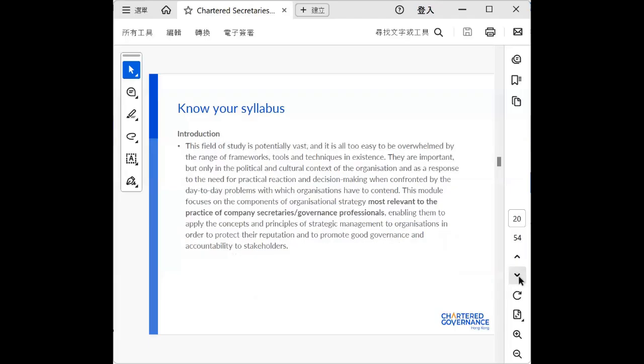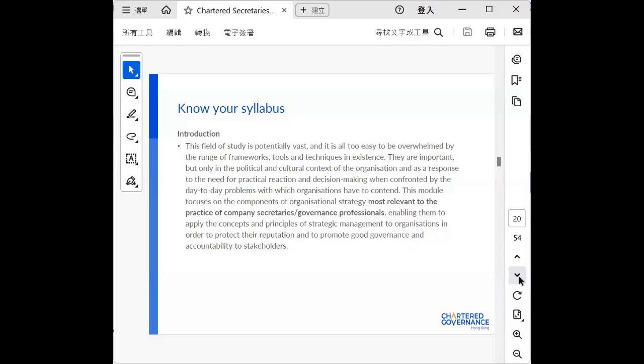The last bit is that this field of study is potentially very vast. And actually, it is true to say so because it covers quite a lot of different management concepts, from leadership, change, culture, and various other management concepts as well. So it is too easy to be overwhelmed by the range of frameworks, tools, and techniques in existence.